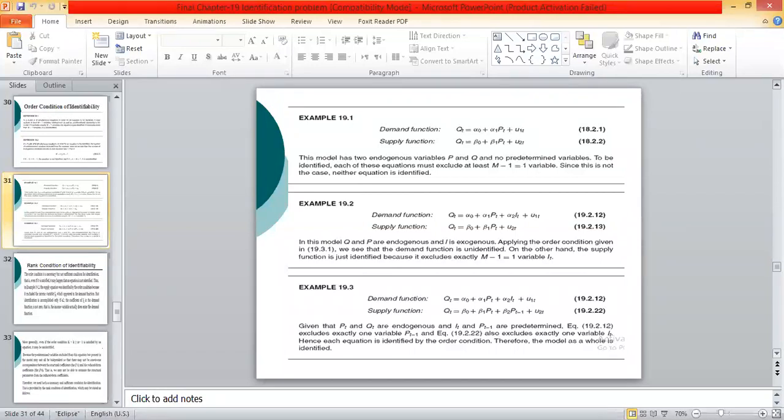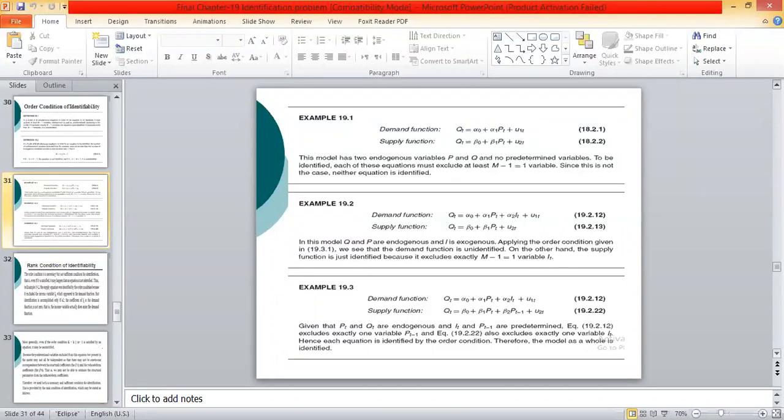Now look at the first equation, the demand equation. We want to examine the identification of the demand equation. So look at the total number of variables in the equation of our interest, the demand function.